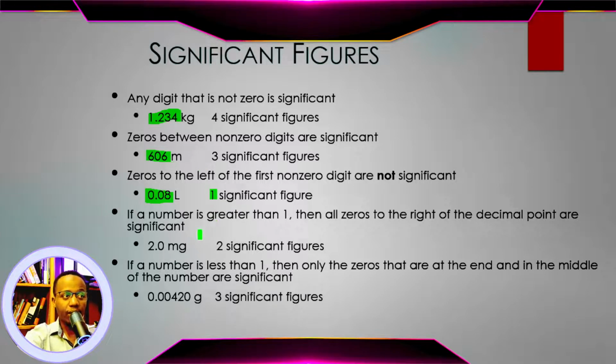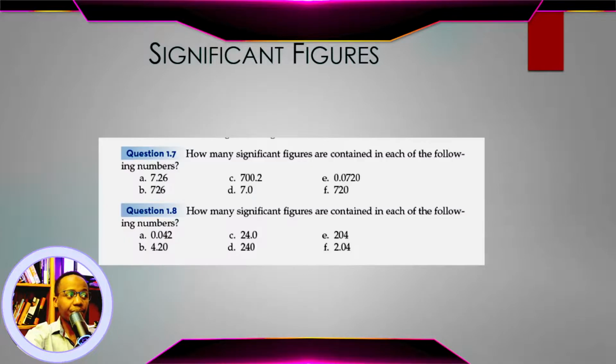If you have zeros after the decimal point, they will be significant. This one is like the above rules too. The zeros on the left are not significant, but the zeros after are significant. That's why you have 3 significant figures here. Make sure you know these rules, but let's practice.